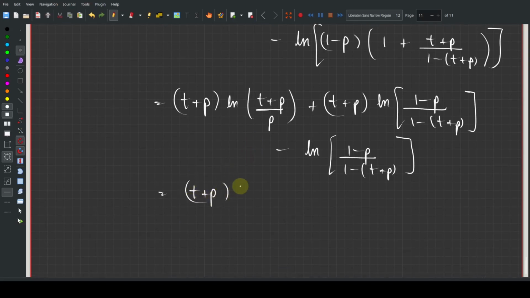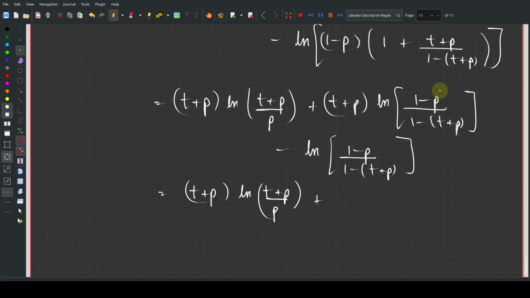t plus p log t plus p by p, plus, so let me take the negative of this. So this is log minus log 1 minus p by 1 minus t plus p, or plus log 1 minus t plus p by 1 minus p.